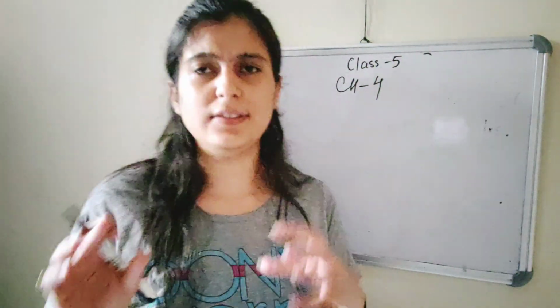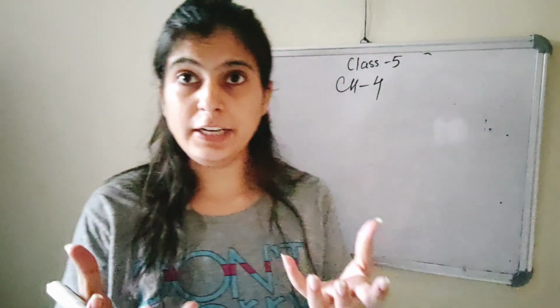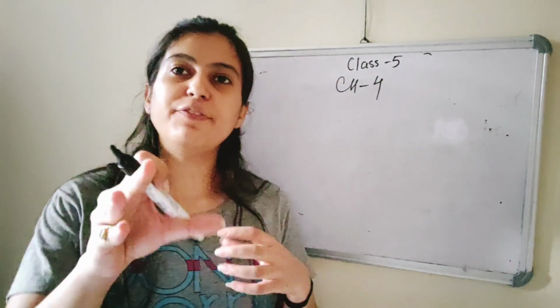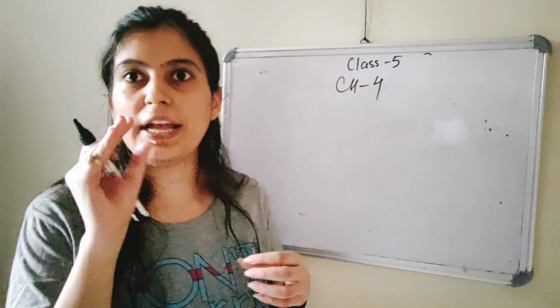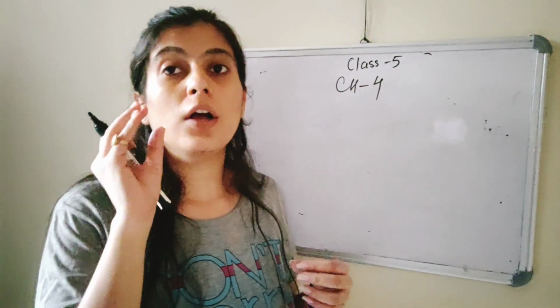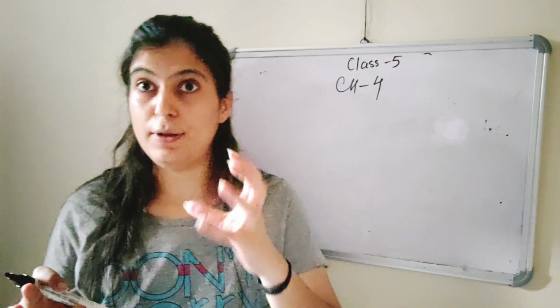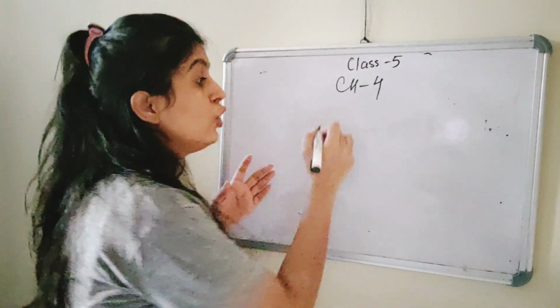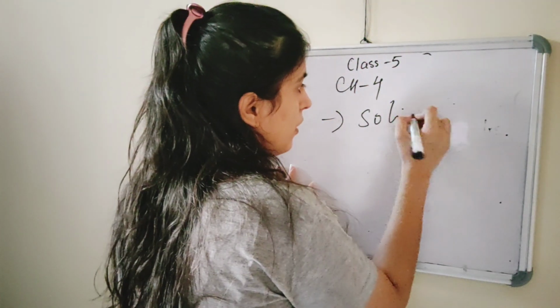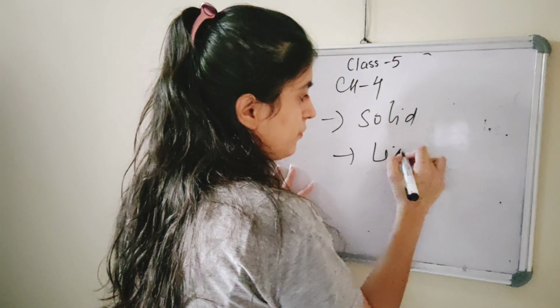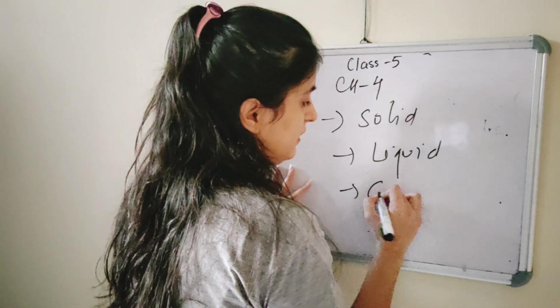Now we have discussed that molecules have different arrangements, right? That different arrangement gives them the liberty of existing in different states. For example, matter exists in different states, that is solid, liquid and gases.